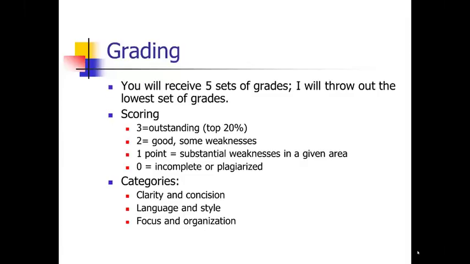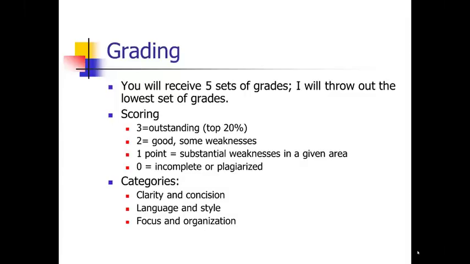If there's major problems with the grammar that make the writing unclear, that will be picked up in this category as well. I don't want you to bother to downgrade your peers if they have small grammatical errors that don't affect how clear the writing is. We're not going to be picky about small grammar things. We're really looking for overall, is the writing clear and concise.